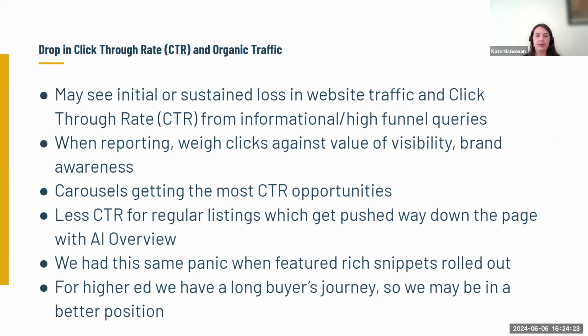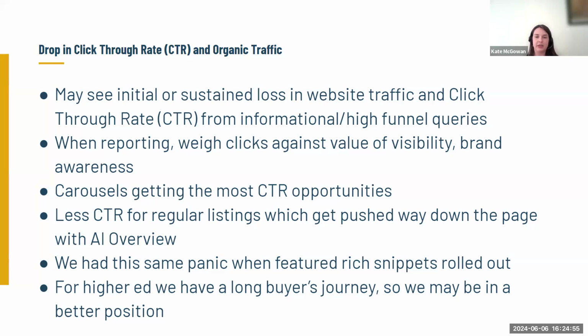And also, it's considered that if there's less visibility for the regular listings that get pushed down the page with the AI overview, there could be a lower CTR for those as well. And with all of the considerations here, we should remember that there was a kind of similar panic when the featured rich snippets rolled out in Google search that offered some sort of supplied answer directly in search results. And there was a similar panic in terms of the impact on click-through rate.